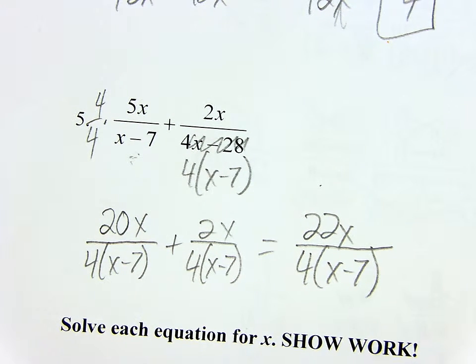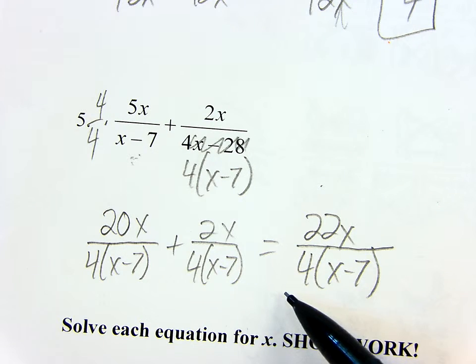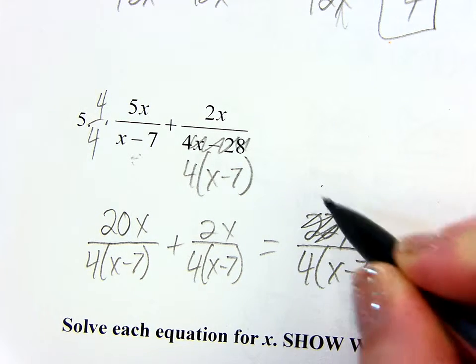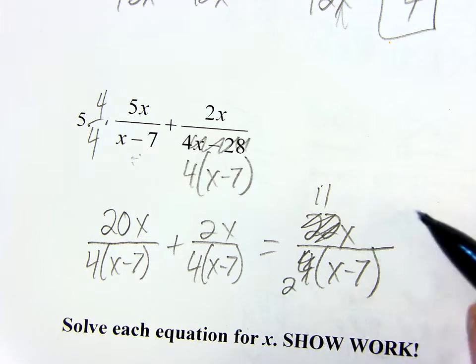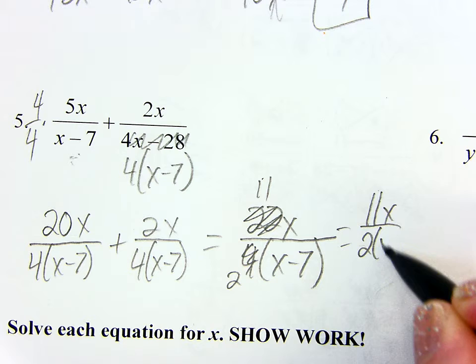You can distribute the 4 back in, but you don't have to, so don't bother. Why do more work than you have to do? But is that a final answer? No. You can reduce the 22 and the 4: 11 over 2. Now I'm done. So my final answer is 11x over 2 times x minus 7.